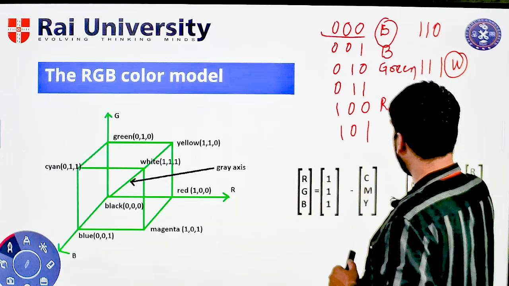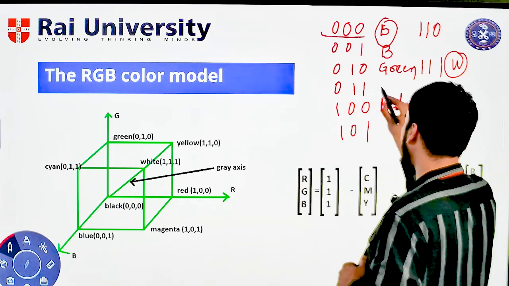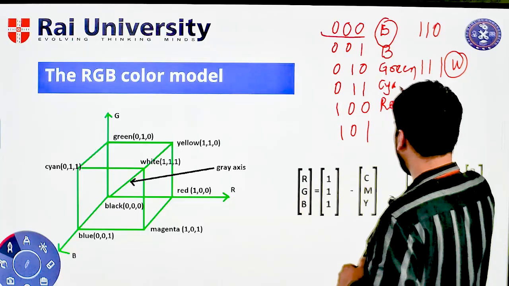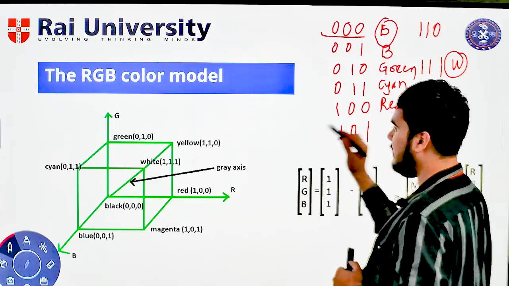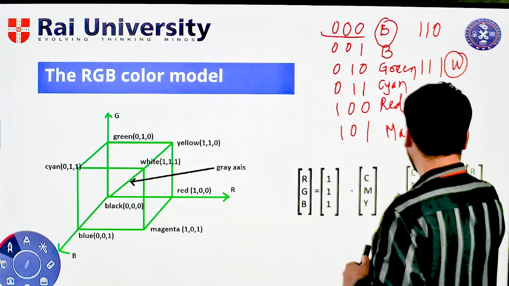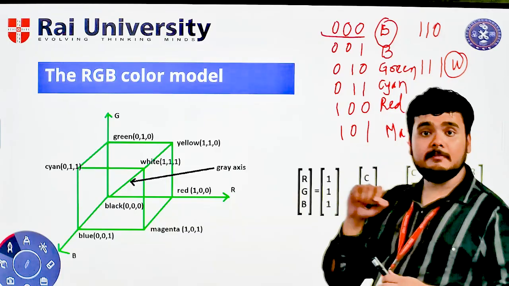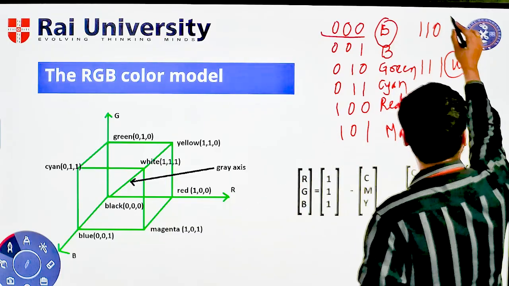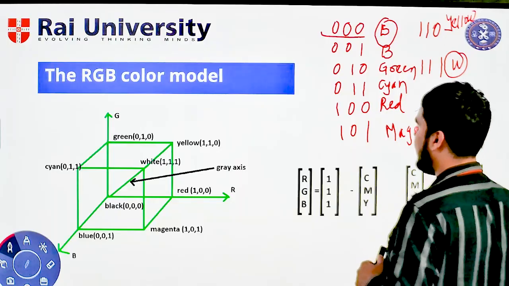Here it is called red. The x-axis is not present, y and z are present, it is called cyan. The y-axis is not present in the system, meaning it is completely opposite, it is called magenta. The z-axis is not present, meaning completely opposite to the blue, it is called yellow. And 111 is called white.